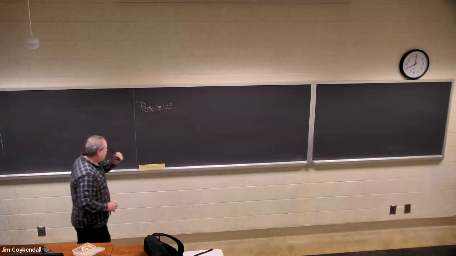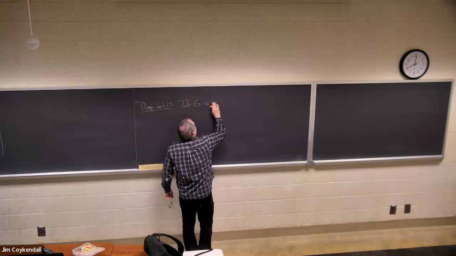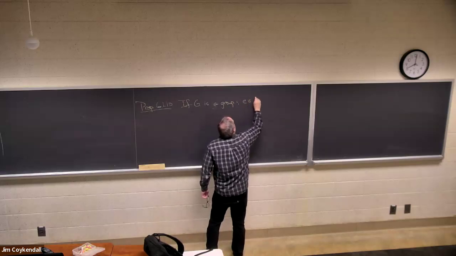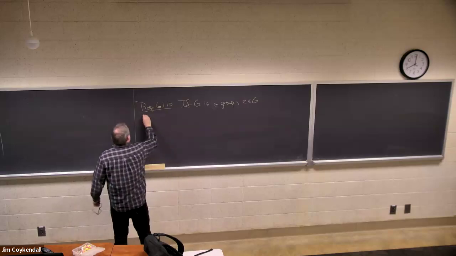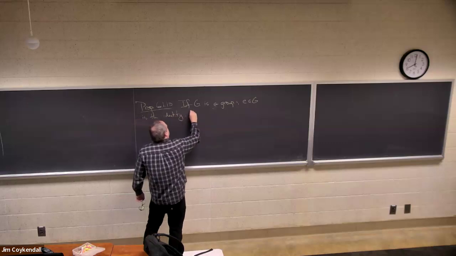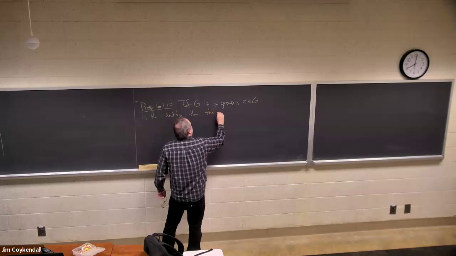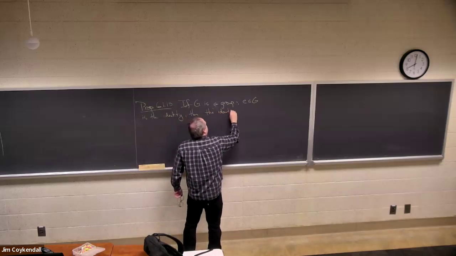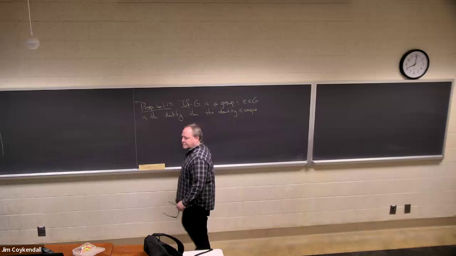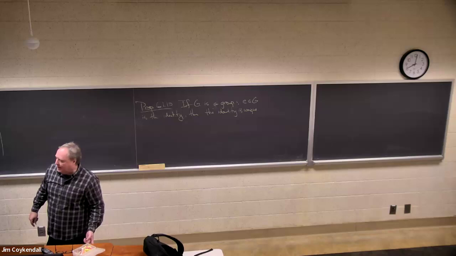Let G be a group. So there's only one element in the group that behaves like the identity.